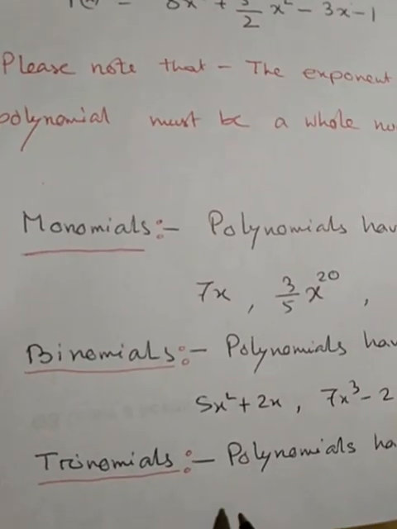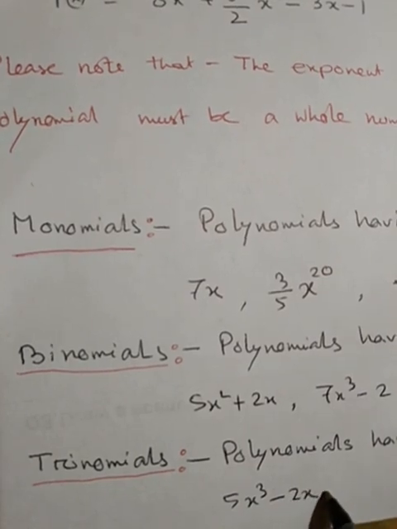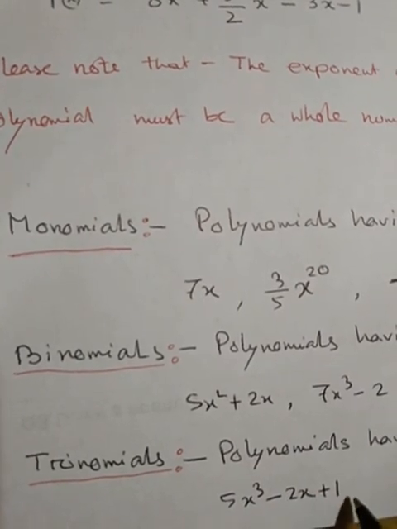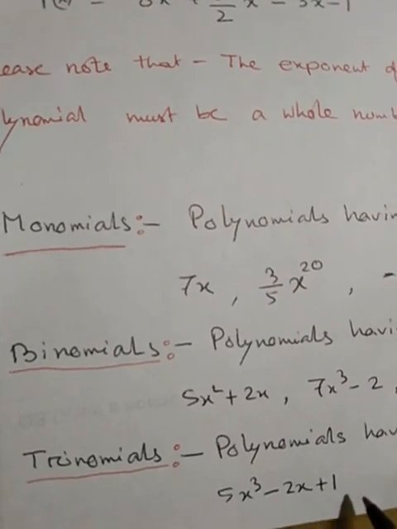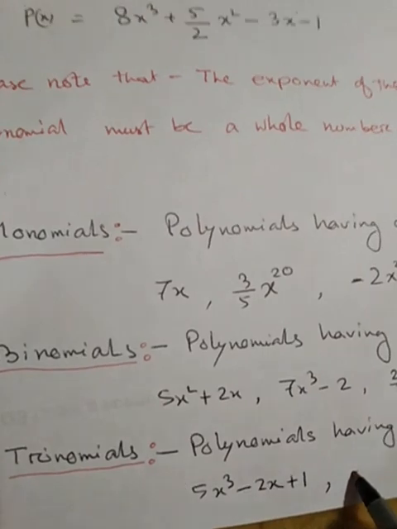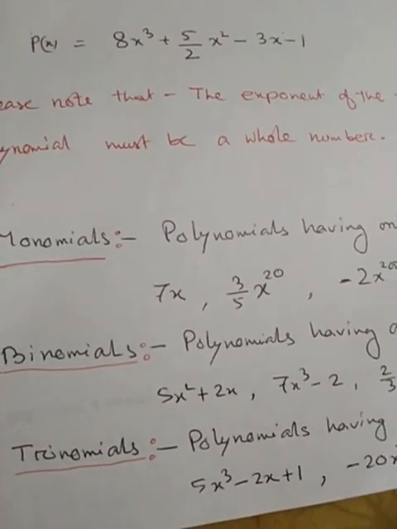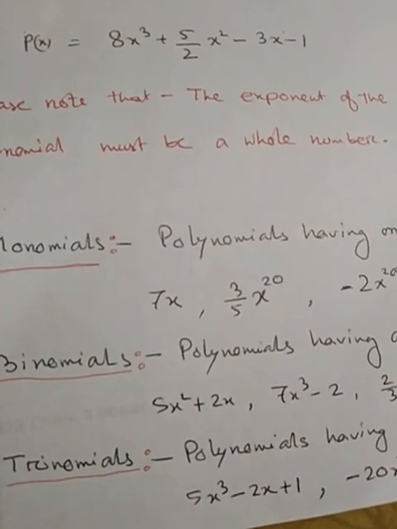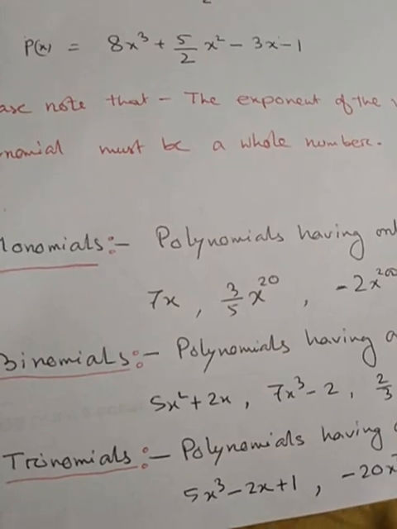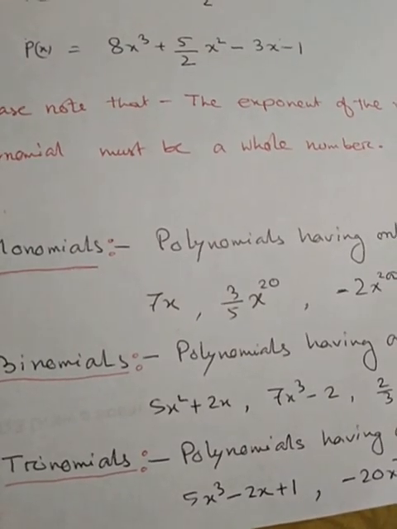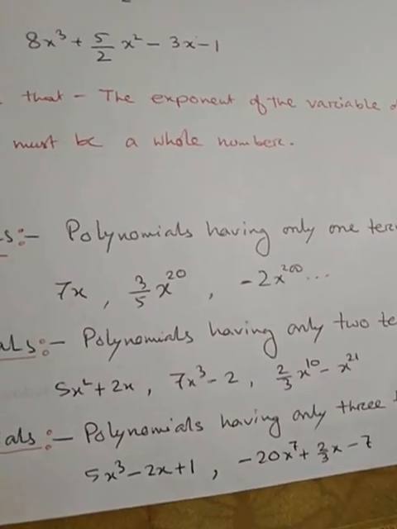For example, 5x cube minus 2x plus 1 can be one trinomial. We can see there are 3 terms. Then one more example, say minus 20x to the power 7 plus 2 by 3x minus 7. This can also be one trinomial because there are 3 terms.